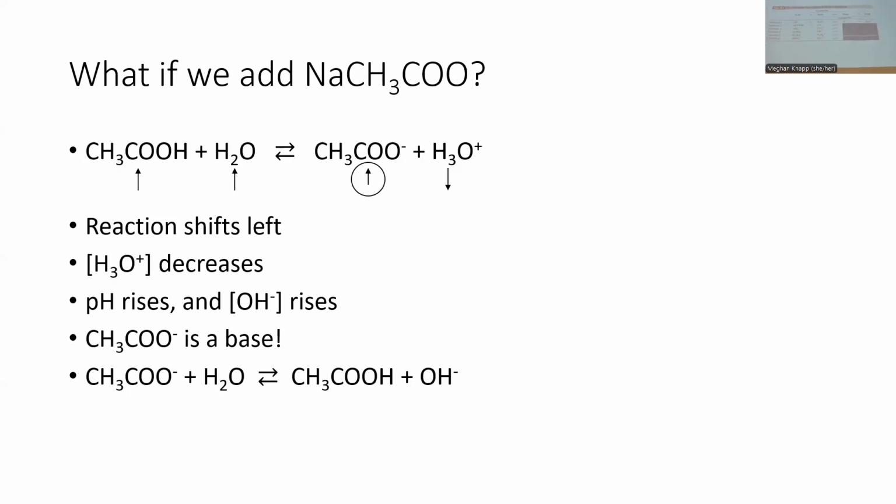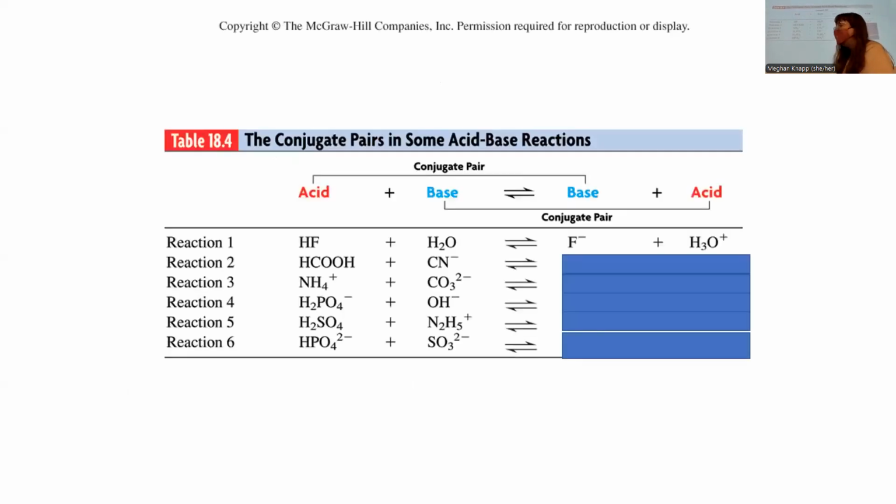Let's take a look at some of these others, see if we can identify conjugate acids and conjugate bases. All right, so our acid is HCOOH. What is its conjugate base going to be? HCOO minus, right? What is the conjugate acid of CN minus going to be? HCN. Okay, so if our base on the reactant side had a negative charge, it's going to be neutralized.